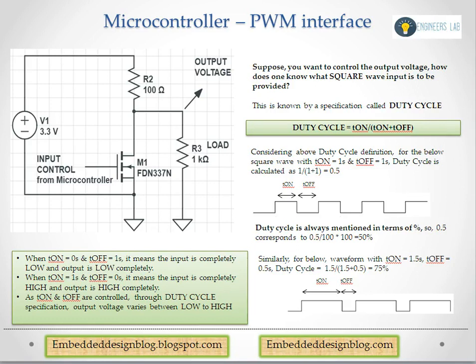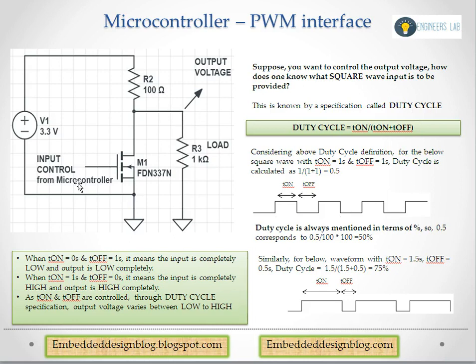If you simply understand the scenario here, when the n-channel MOSFET is present and the input is high, the output would be 0 here.